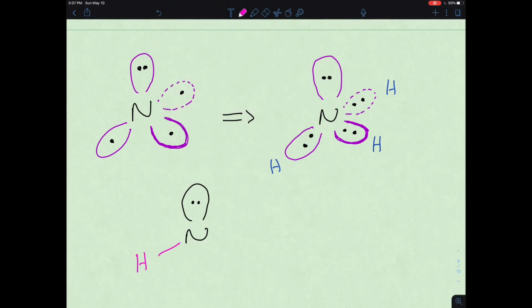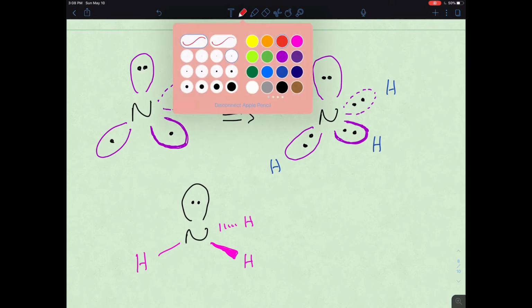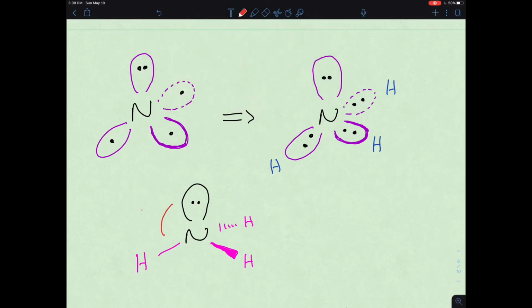It's just a lone pair. But it's still part of that reorganization that's occurring to try to get these groups as far apart from one another as possible. And remember, we have that slight compression that's occurring because of how big the lone pair lobe is relative to the others.